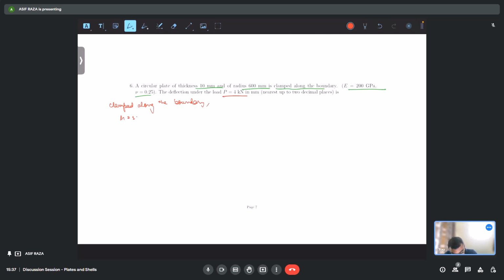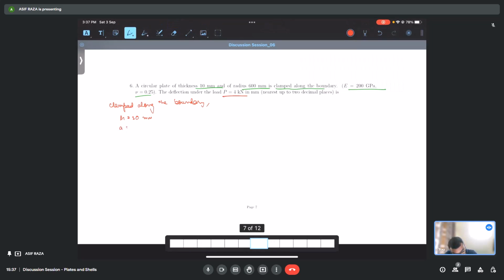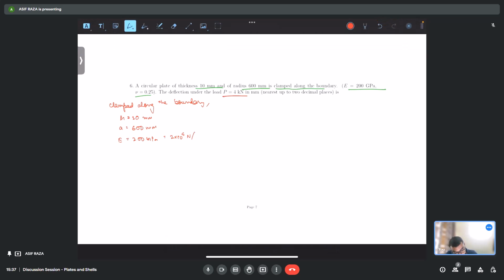So thickness is 10 mm, radius is 600 mm, E is 200 GPa, that is 10^5 Newton per mm square, nu is 0.25 and P is 4 kilonewton, which is 4000 Newton.